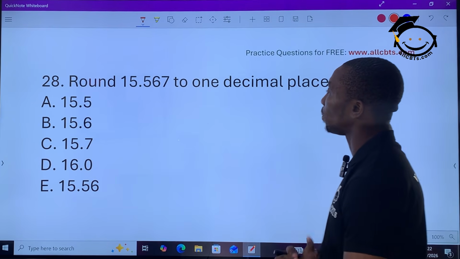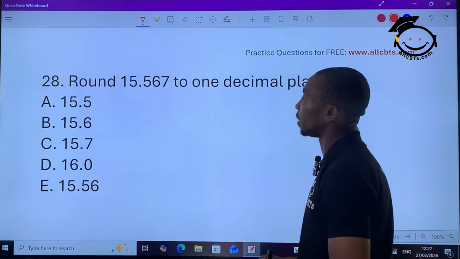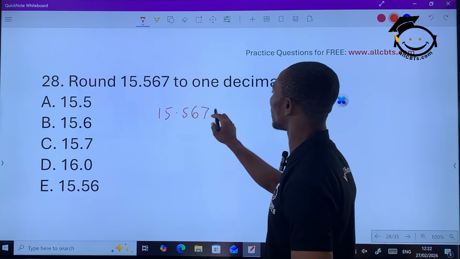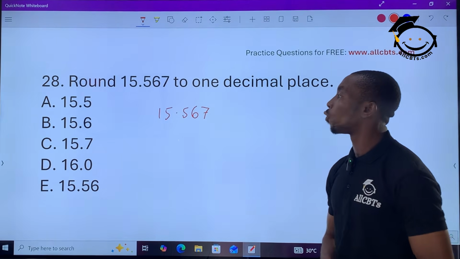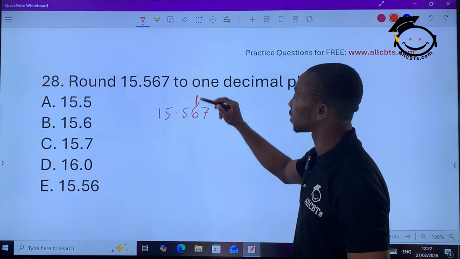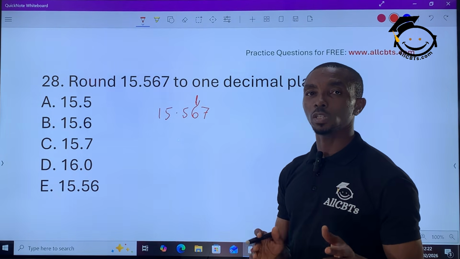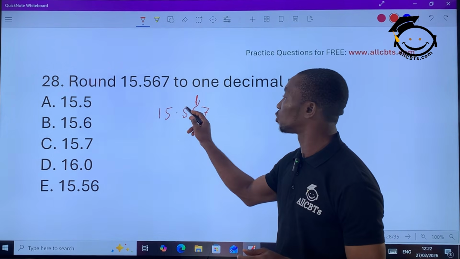Round 15.567 to 1 decimal place. Since we are rounding to 1 decimal place, we only consider the number in the second decimal place. Is it 5 or more? If yes, we round up by adding 1 to the previous digit.